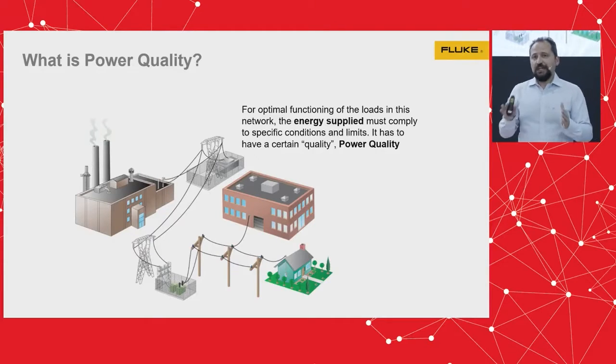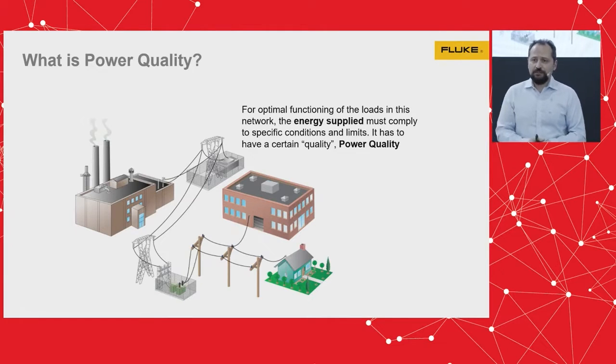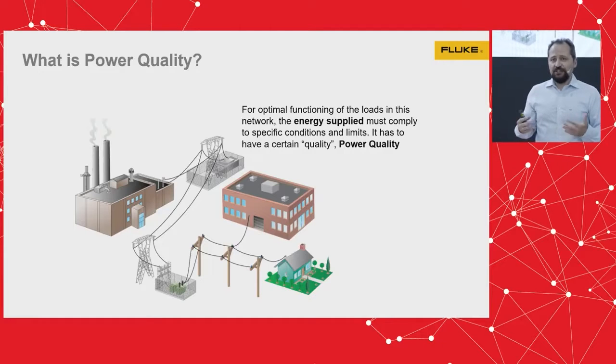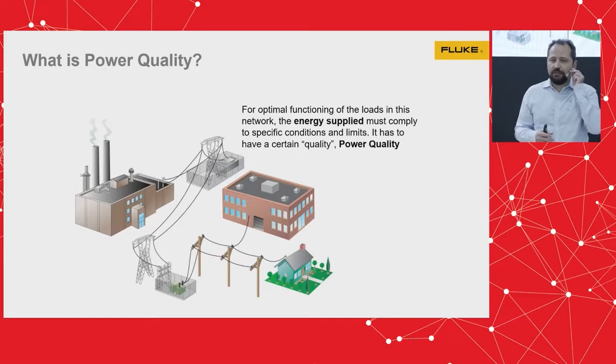Put more simply, it's ensuring that the voltage being delivered to the users and circulating in the electrical network has the quality it needs to. It's an almost perfect sine wave, because that's what most equipment is designed to work with. The closer we are to the sine wave, the more reliable and efficient operation we will have with our equipment.